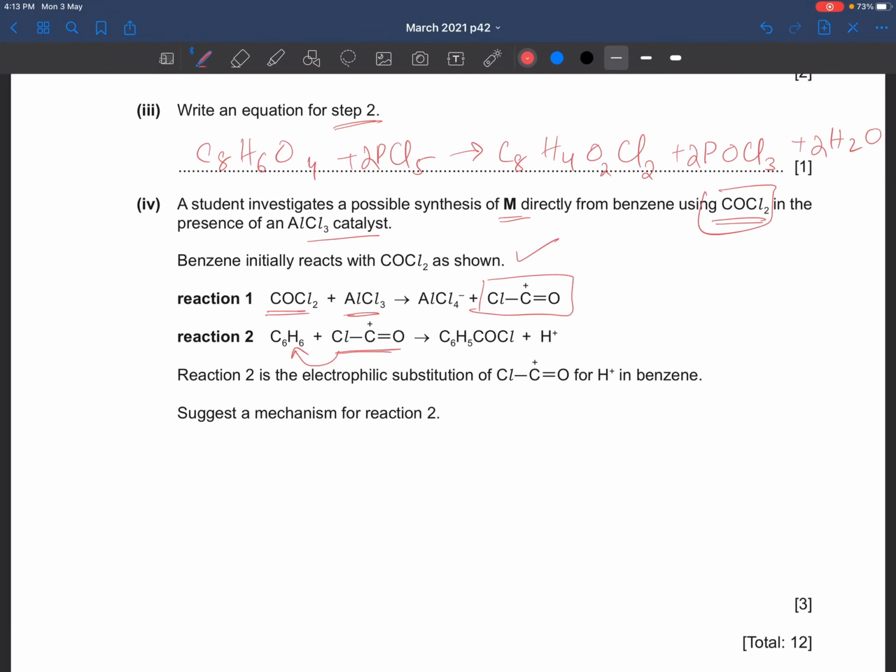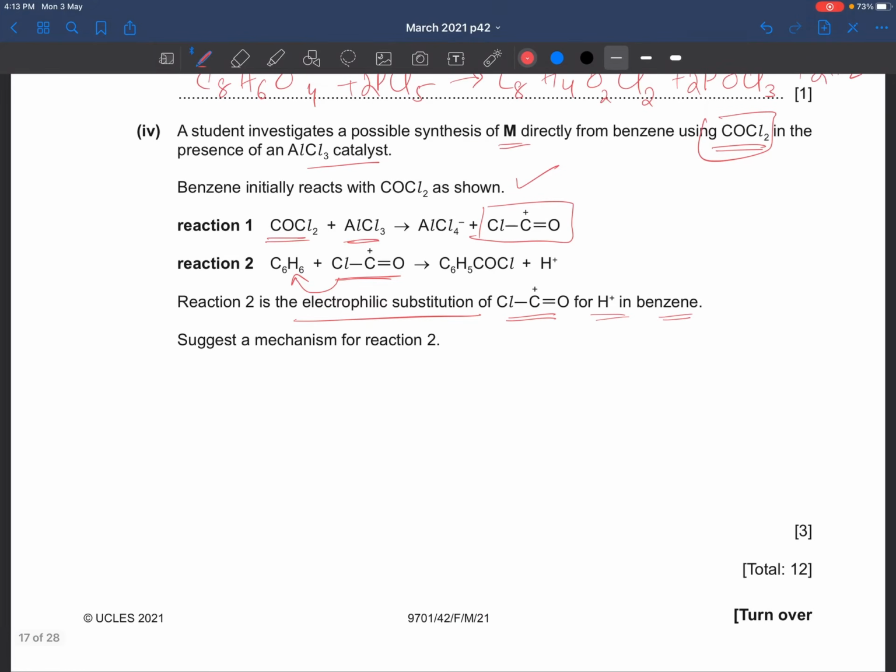Reaction 2 is the electrophilic substitution of H in benzene. So suggest a mechanism for reaction 2. This is just simply an electrophilic substitution reaction. So we have the benzene ring reacting with C double bond O Cl plus. Electrons would be moved here, so we get partial delocalization, C, Cl, and we have an H here.